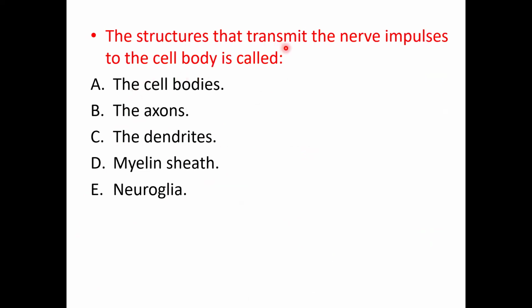Here we have the third question. The structures that transmit the nerve impulses to the cell body. Yes. Read carefully the 5 alternatives and try to pick the correct answer. Exactly, it is number C, dendrites. Okay.